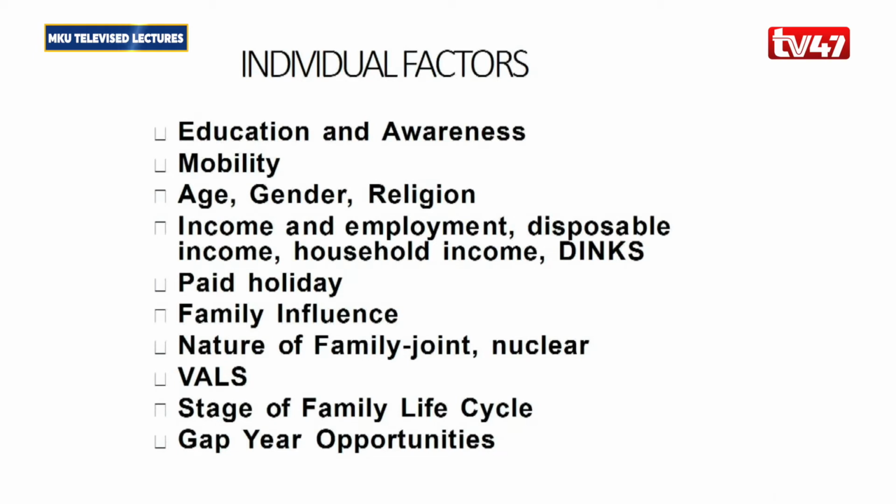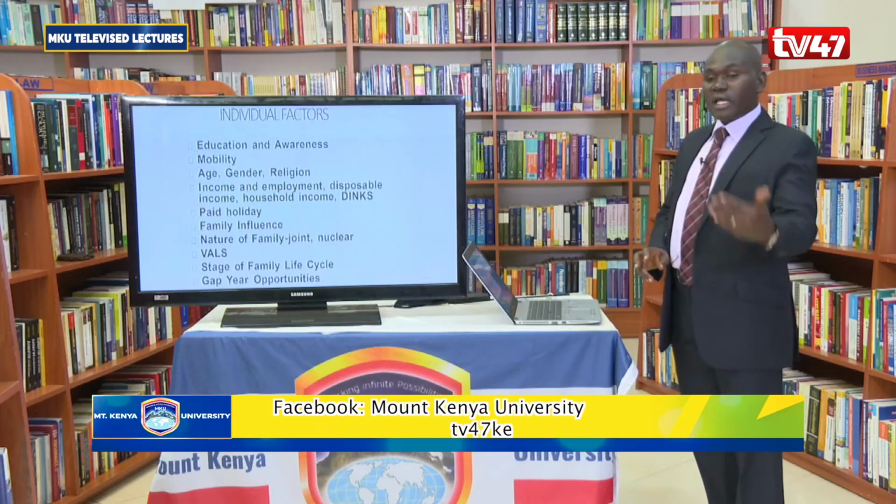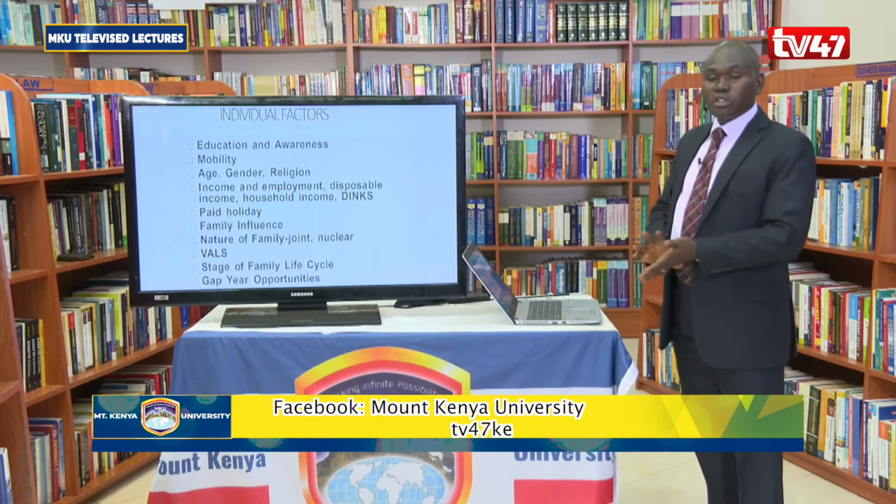Then the stage of the family life cycle. This is also another thing that will determine whether you're going to travel or not. And what you have in mind there, families do have life cycles right from the time you were single, alone, as a young adult, not married. Then the guy gets married, so it becomes a couple without children.